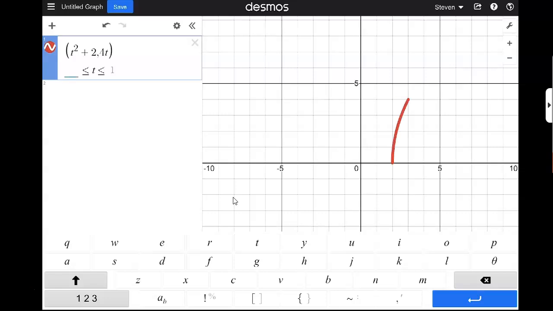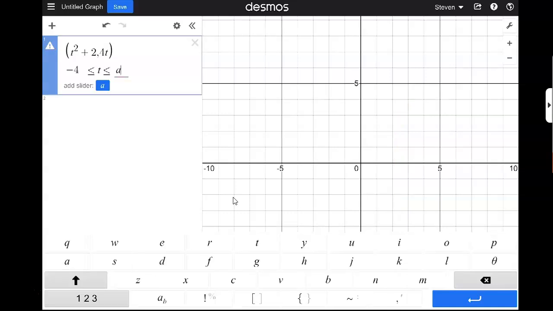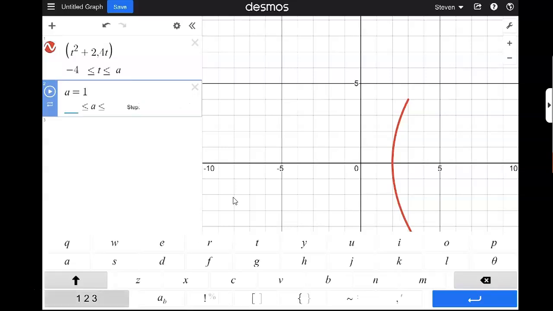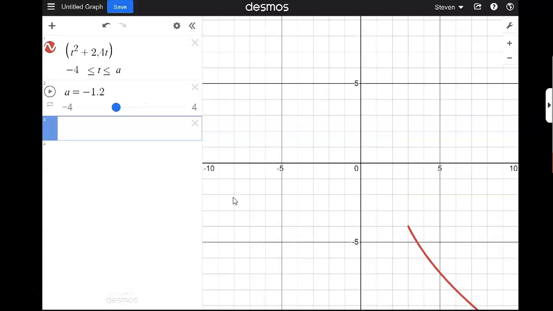And we need to range that from minus 4 to 4, but I'm going to put a constraint, call it A, and add a slider, and I'm going to set my A to range from minus 4 to 4, with a step of 2/10 on my slider.